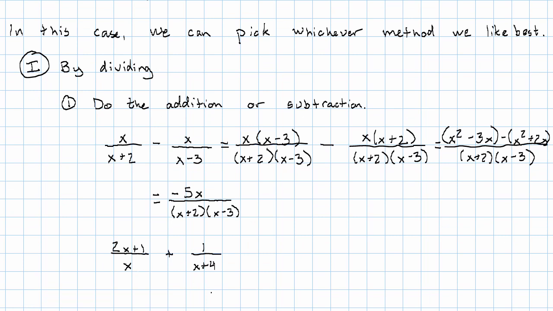We have 2x plus 1 over x plus 1 over x plus 4. So let's see. Again, the denominators we just have to multiply together because they have nothing in common. So we'll have 2x plus 1 times x plus 4 all over a common denominator, plus 1 times x all over our common denominator.